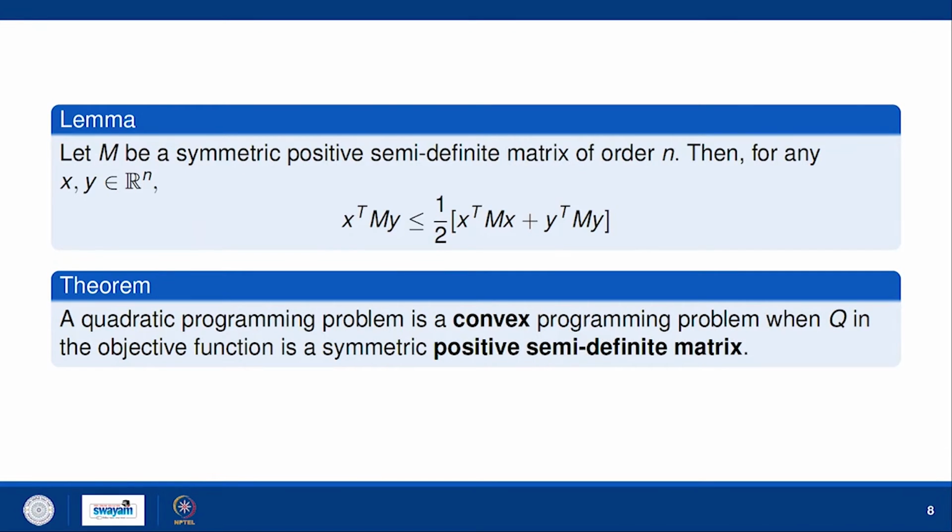To understand this, we have two important results. The first result is: if M is a symmetric positive semi-definite matrix of order n, then for any x, y in R^n this inequality holds. The proof is very easy. Here, we are given that M is a positive semi-definite symmetric matrix.